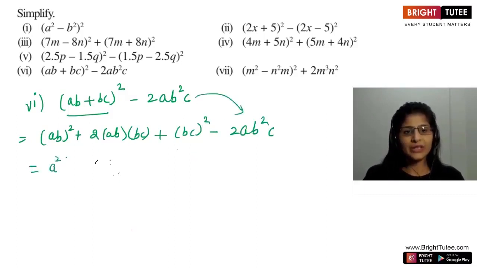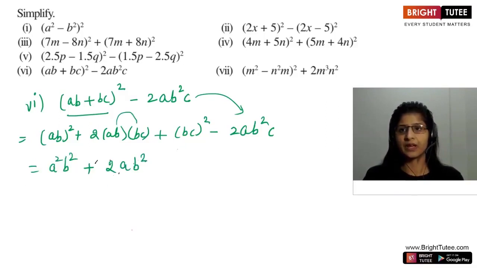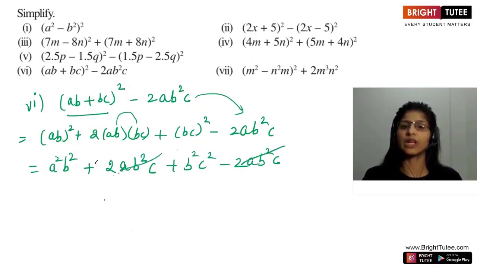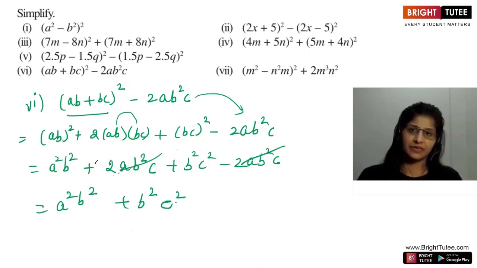Now A square B square plus 2 into AB square C, 2B into B is B square, plus B square C square minus 2AB square C. This term and this term are like terms with opposite signs, they'll get cancelled. So we have A square B square plus B square C square. So these are the two terms that we are left with.